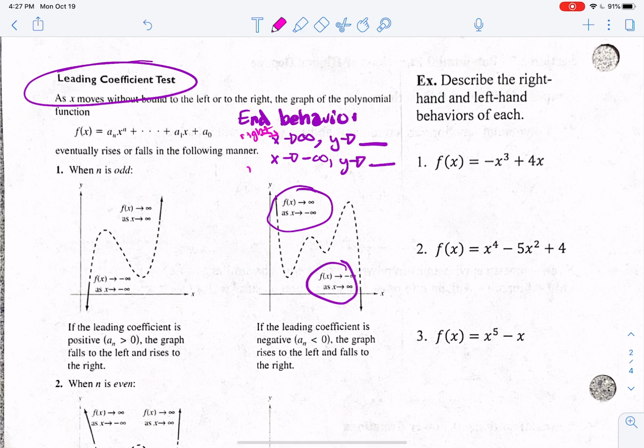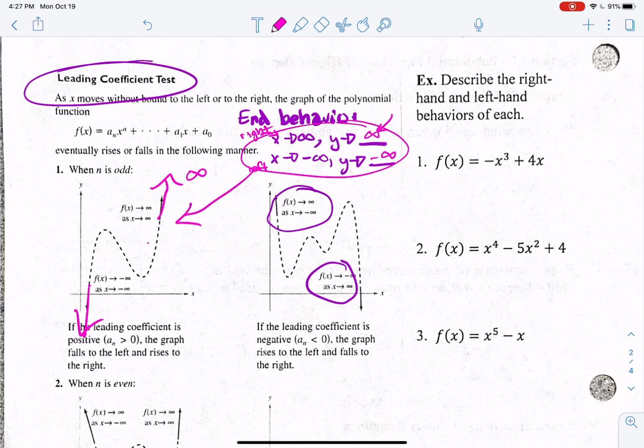X goes toward negative infinity as the function goes to the left. So this guy right here, as he's going to the right, he's going up. So we would fill this blank in with positive infinity if we were doing this graph. As he's going to the left, he's going down. So this side would have negative infinity, and this is the end behavior for this graph. Okay.